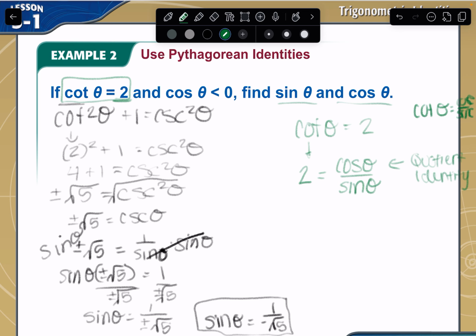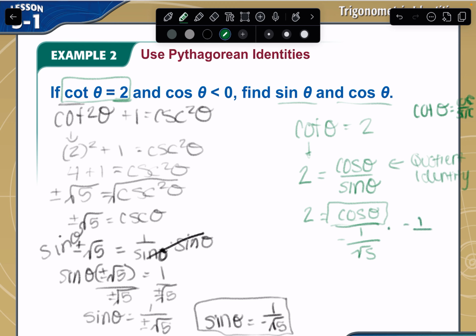The next thing that I'm going to do is I know my sine value, so I'm actually going to fill that in. So my sine value is what I just found, 1 over the negative square root of 5. So from here, again, similar to example 1, I'm trying to get cosine by itself, and I'm dividing by that sine value. To move it to the other side, I'm just multiplying, so I'm not doing the reciprocal.